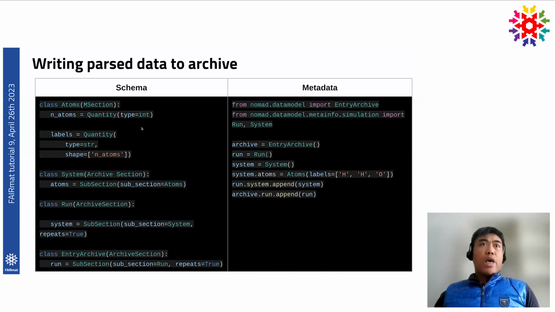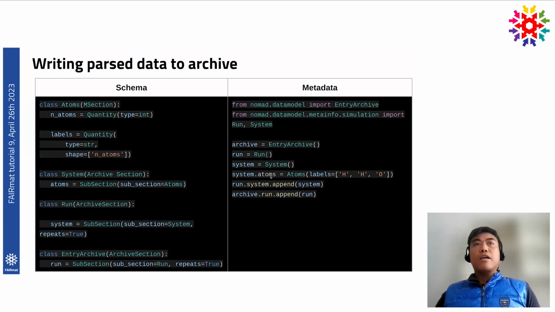To be able to write the metadata that we have parsed, we have to import our schema. We import archive and then our schemas here. Then we instantiate our entry archive like this. Then we instantiate run, then we instantiate system.